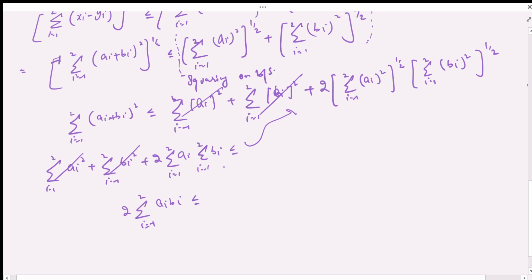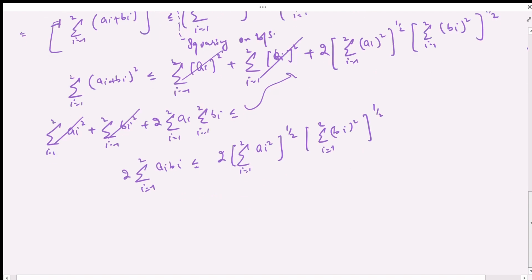So that is less or equal to 2 times summation of ai whole square, power 1 over 2, and summation i equal to 1 to 2, bi square, power 1 over 2.